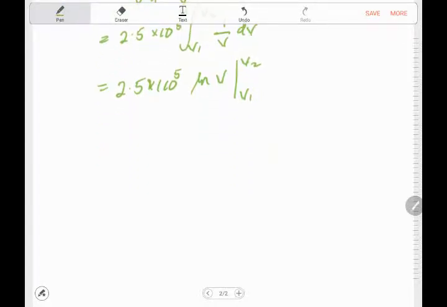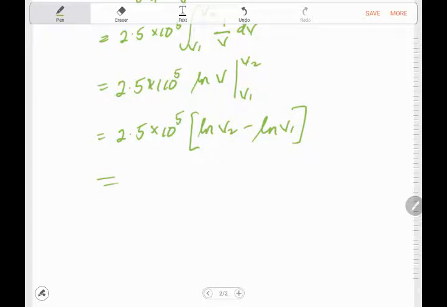We simplify further by having ln V2 minus ln V1.